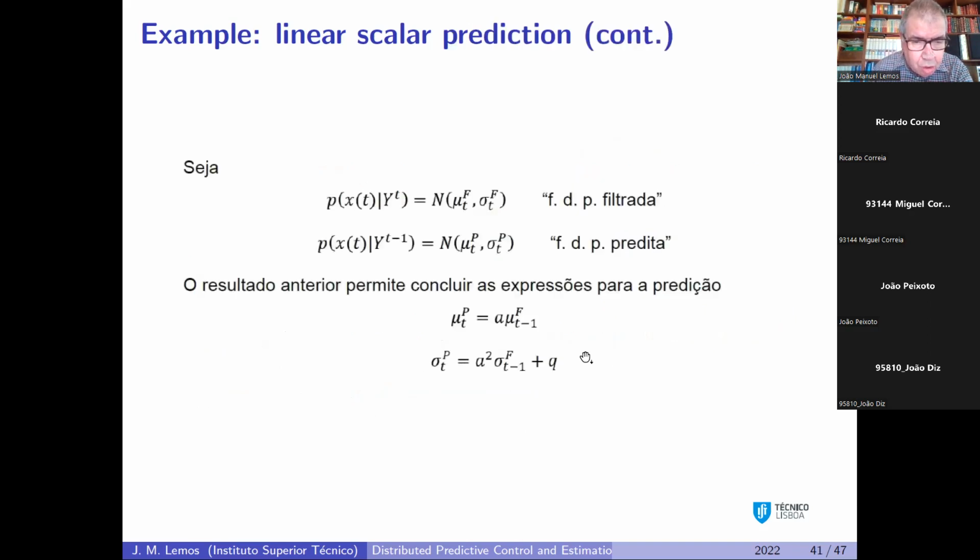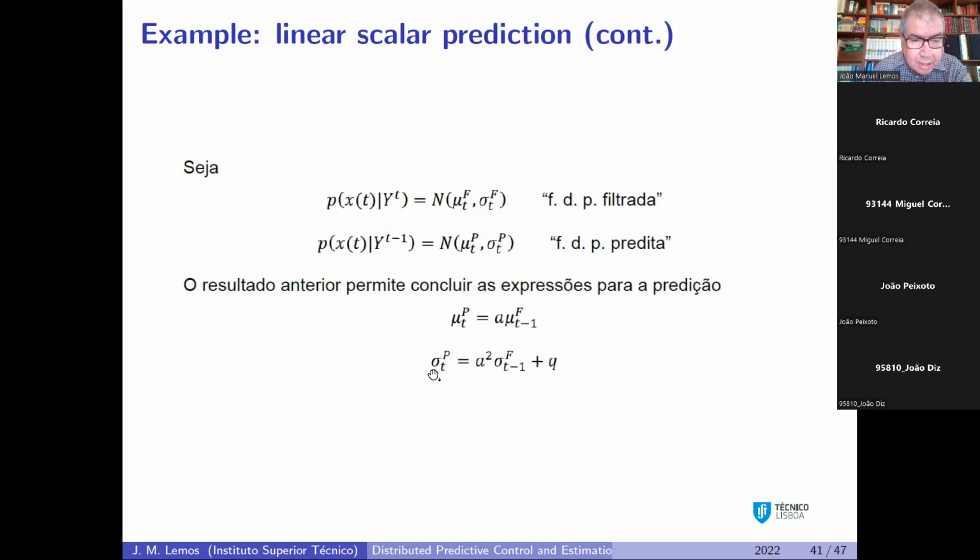And if you put together these expressions, you start with a filtered mean at time t minus 1, which is the mean of the density of x at time t minus 1, and this is the covariance of the density given the observations up to time t minus 1. So you update it to get mu p at t and sigma p at time t.